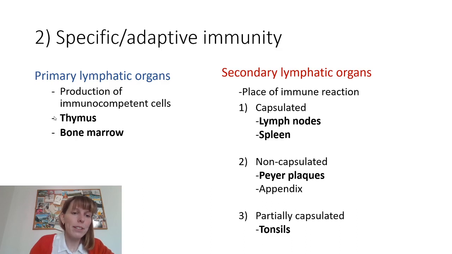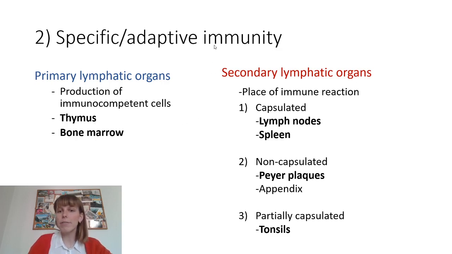So this is thymus for T lymphocytes and bone marrow for B lymphocytes. So we will take a look at thymus as an example of primary lymphatic organ. So that's where the T lymphocytes will be produced.